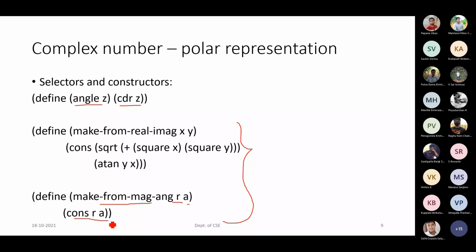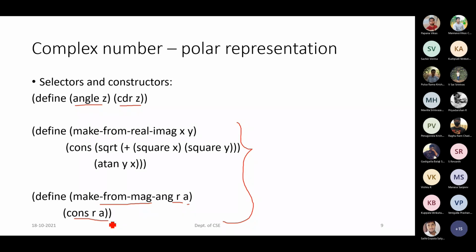But if your input is in the polar form and you have done arithmetic operations like addition or subtraction, you have to give the result back in the polar form itself.